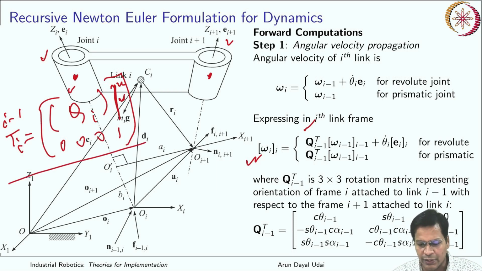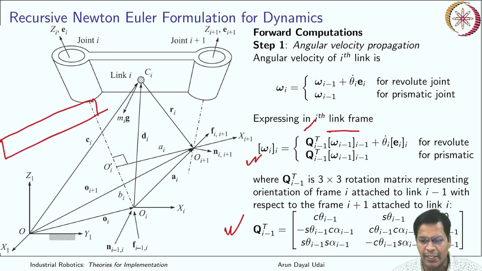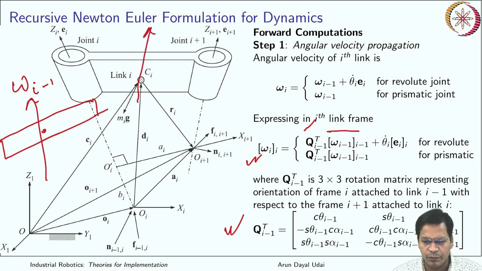So let me just wipe it off. Yes, this is your same matrix. Now omega i minus 1, that is the link which was connected prior to this. This had an angular velocity of omega i minus 1. And you have angular velocity over here, that is what you want to obtain, that is omega i.